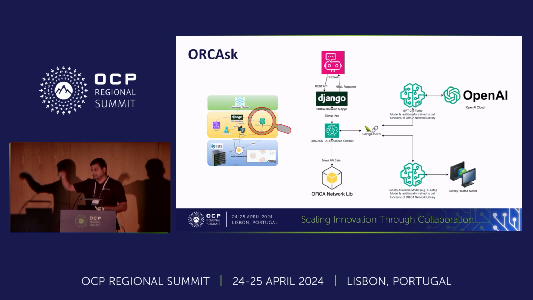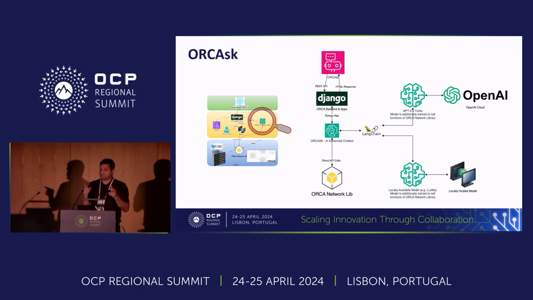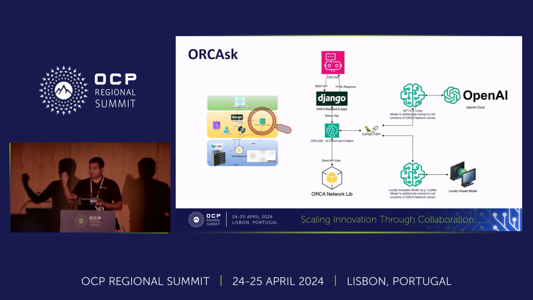It searches the ORCA network library APIs responsible for configuration of the VLANs, especially the VLAN members. It retrieves the information that Ethernet 0 is the member, passes it as a parameter, and gets the things done.